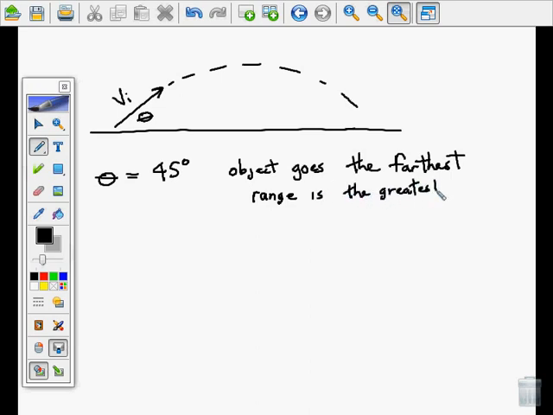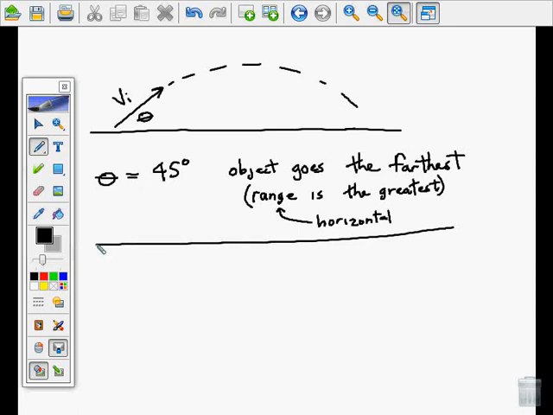It's tricky because in physics, range is horizontal as opposed to math. When theta is 90 degrees, the object is shot straight up. Object goes the highest.